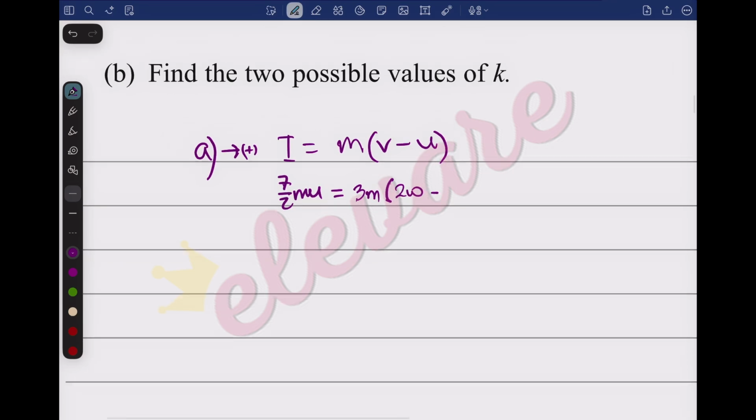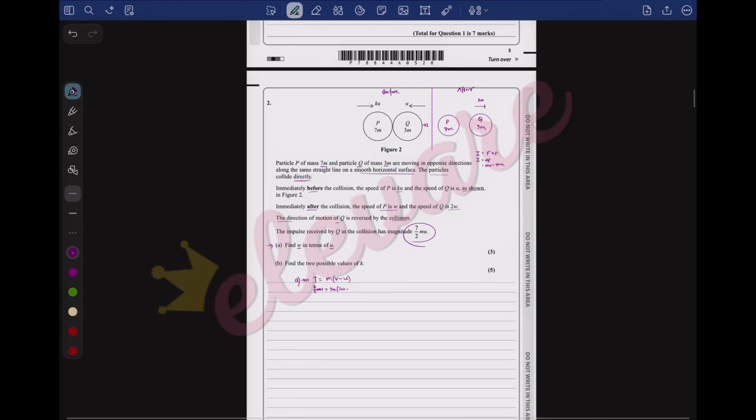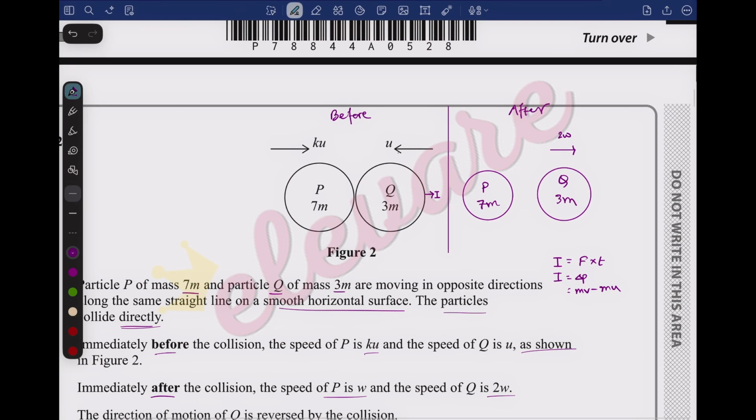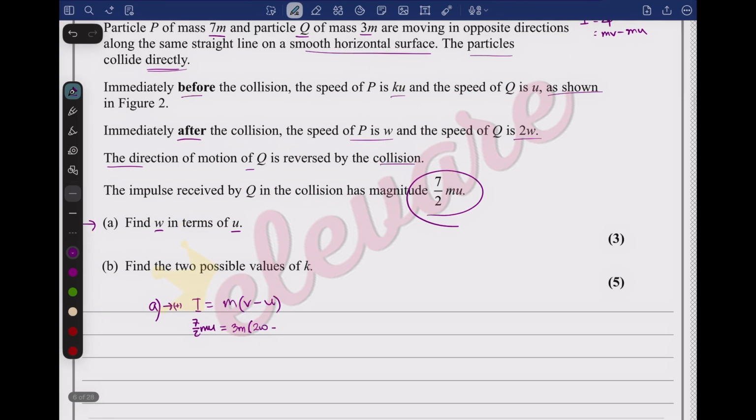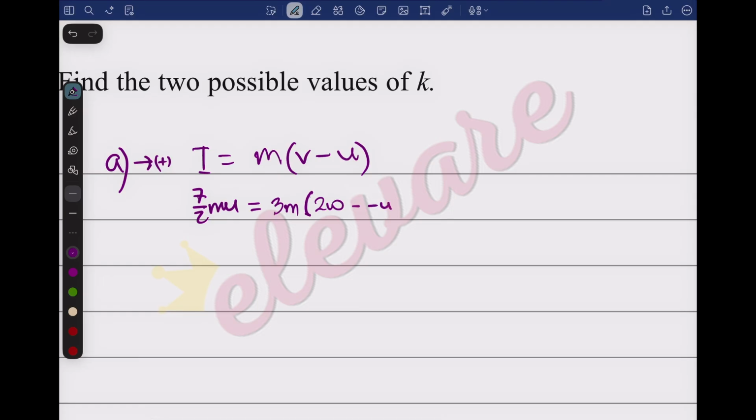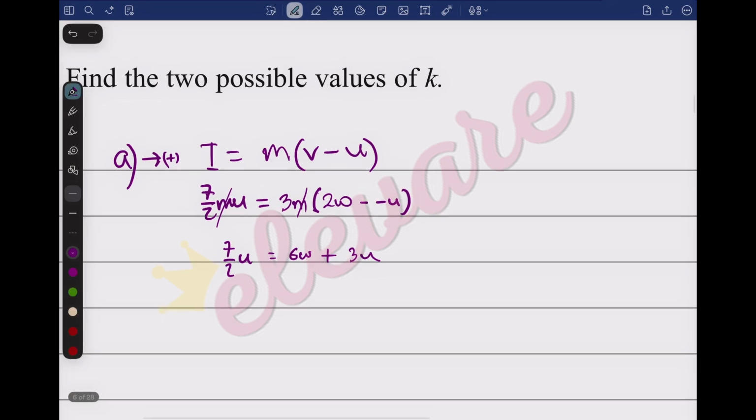Then minus the initial velocity. What is the initial velocity? The initial velocity is u meters per second to the left. Now we considered the right side as positive, so if a velocity is pointed to the left, we're going to have to add a negative in front of that. So negative u. Now we can cancel out the m's on either side, and we're going to have 7 by 2u is equal to, we're just going to multiply this 3 inside, and we're going to have 6w plus 3u, because minus and minus make plus.